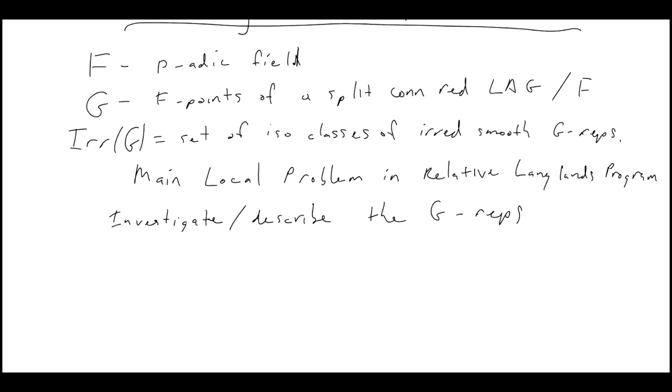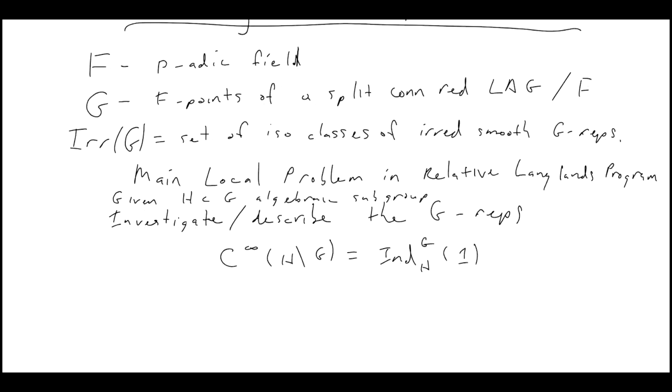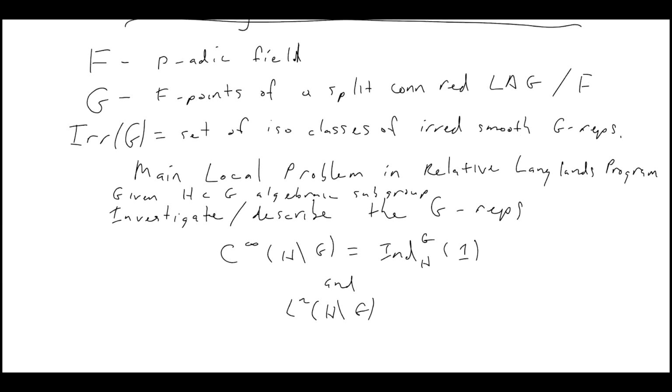So if we're given some H, let's say that this is an algebraic subgroup, we'd like to investigate or describe the G representations of smooth functions on the quotient G mod H. This can be realized as an induced representation from H to G of the trivial representation of H. This is the smooth version of the problem, and there's also an L2 version, but I just want to focus on the smooth version.